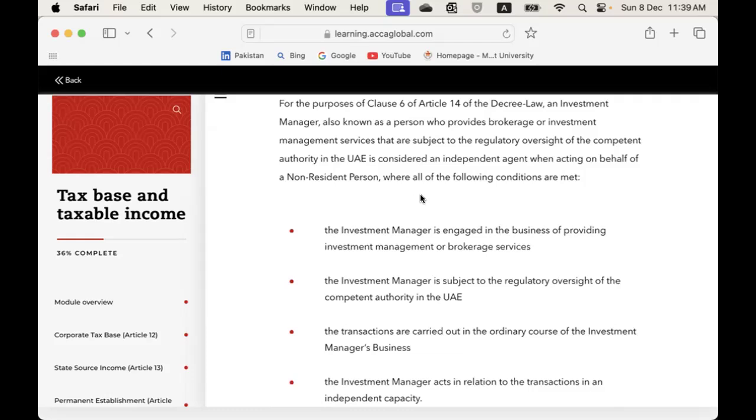So naturally, in places like DIFC or ADGM, even in mainland, there are so many investment managers and investment companies located here. And they are handling the funds on behalf of non-resident persons.